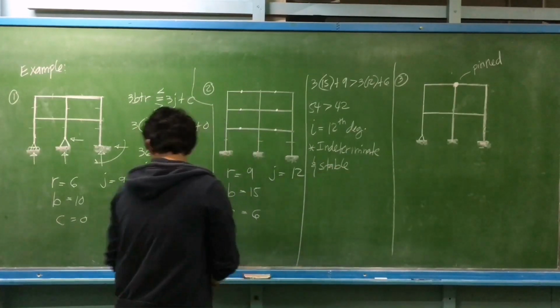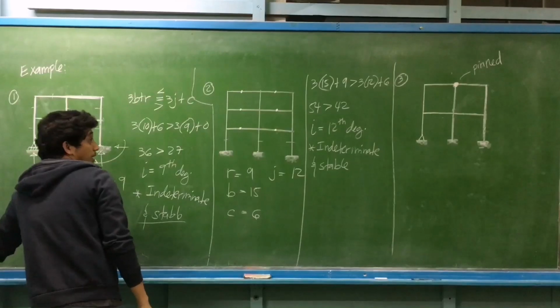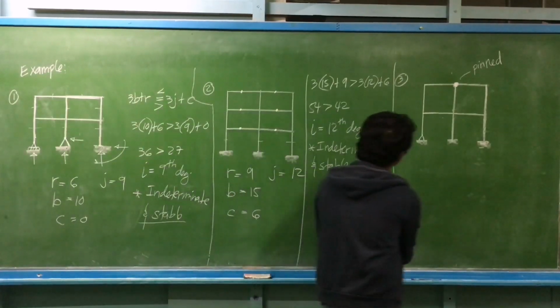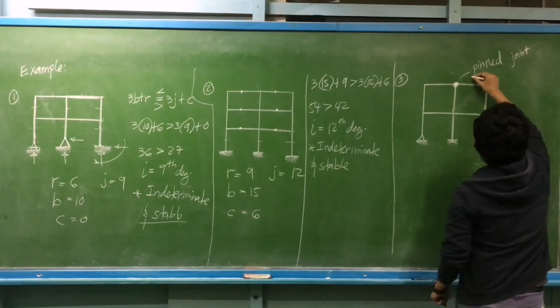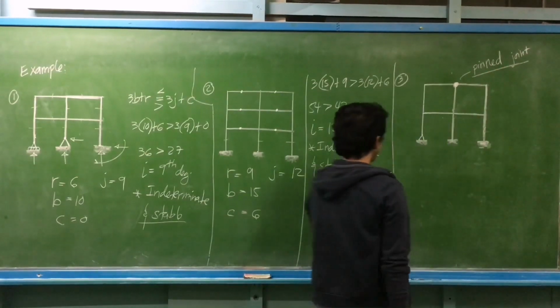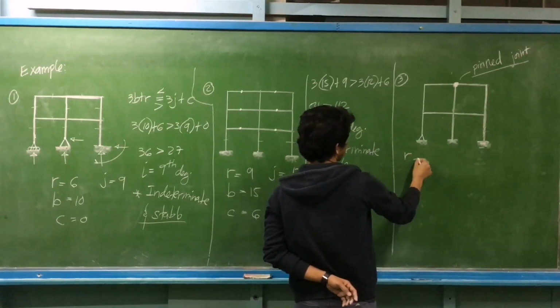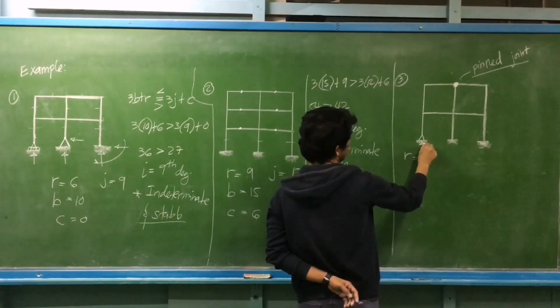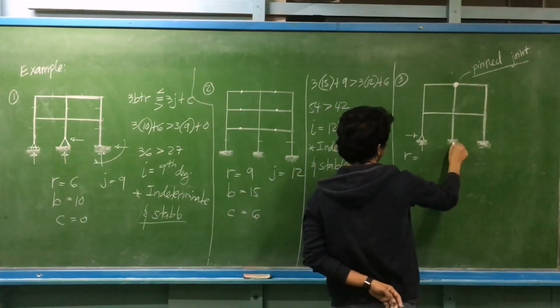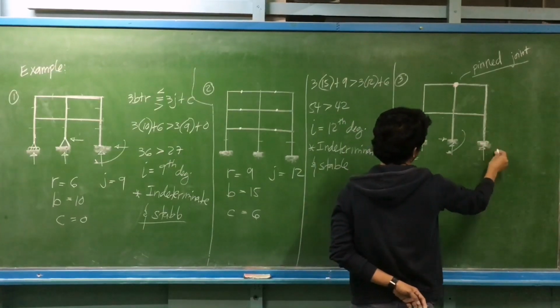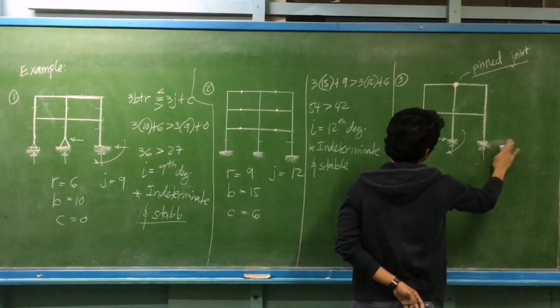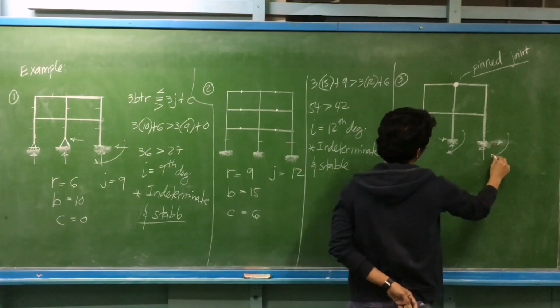Okay, the next, for this case, we have a pin joint. So we have the number of support reactions. This is a hinge. We have 2 support reactions, a fixed support, we'll be having 3, another fixed support, 3.